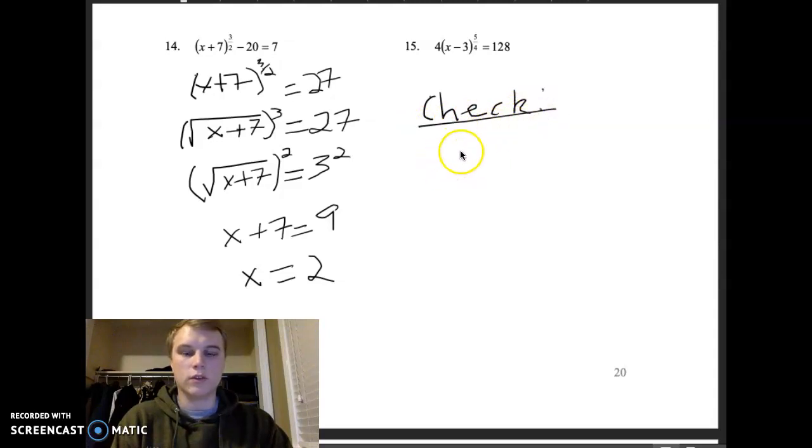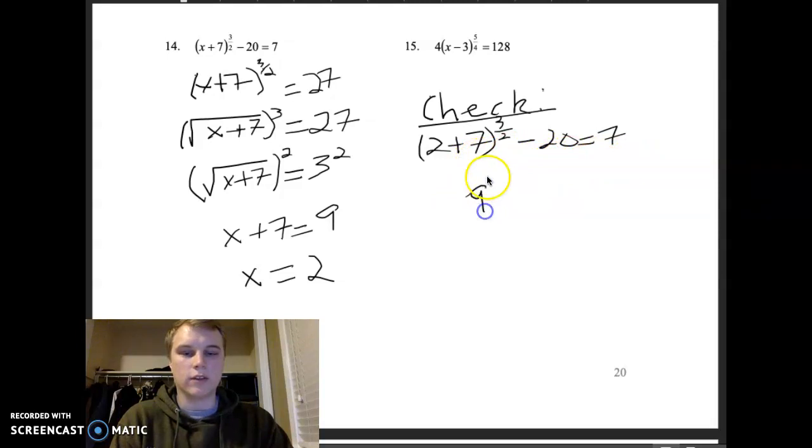So to check this, we're going to plug in 2 for x. So we have 2 plus 7 to the 3/2 power, minus 20 equals 7, okay? So we're going to add the 20. I'm going to do 2 steps: do 2 plus 7 in here, and then add the 20 over to the other side.